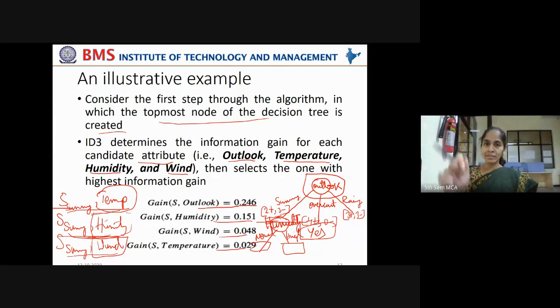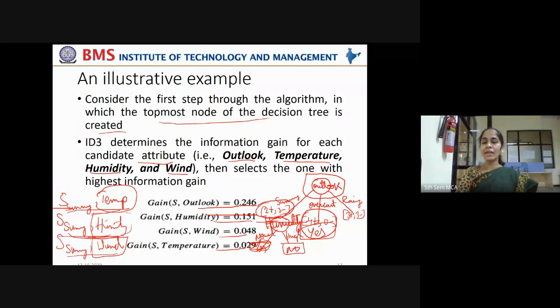If there is still no pure classification, you extend; if there is a pure classification, you stop. Now after this, if you don't get pure classification, you have to extend the tree further. But if you get a pure classification, that will be a leaf node. Yes or no. Got it?